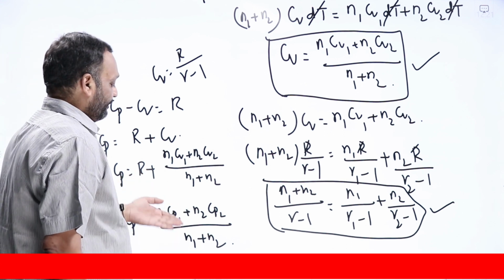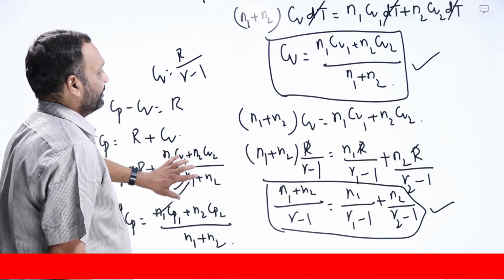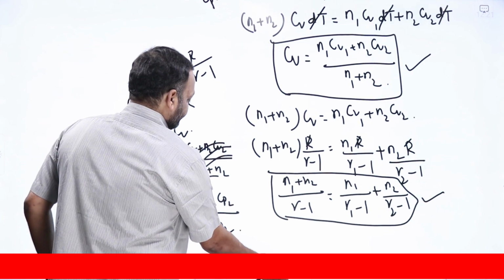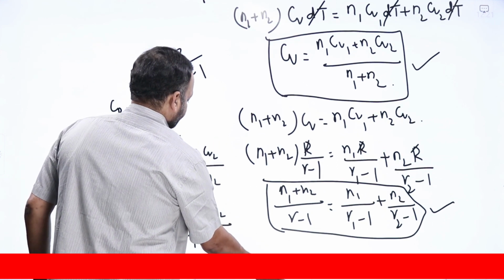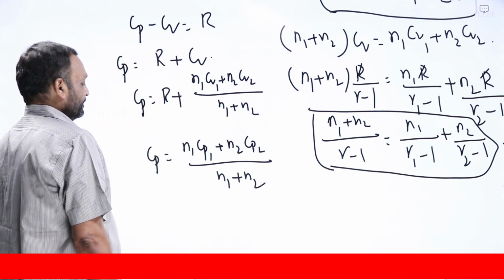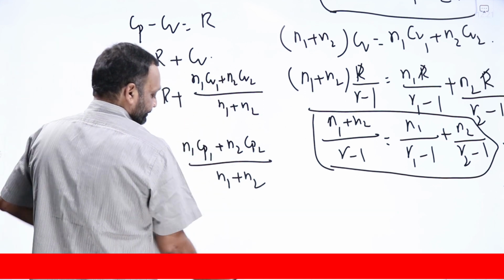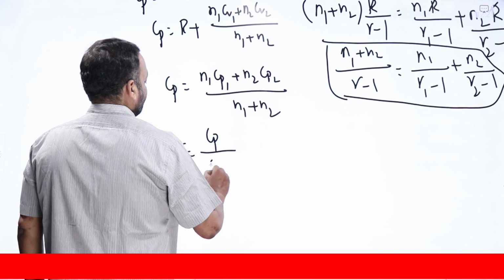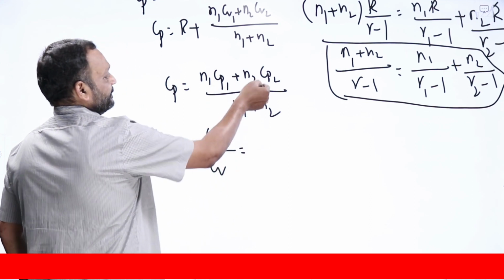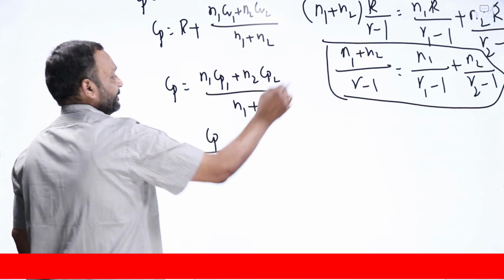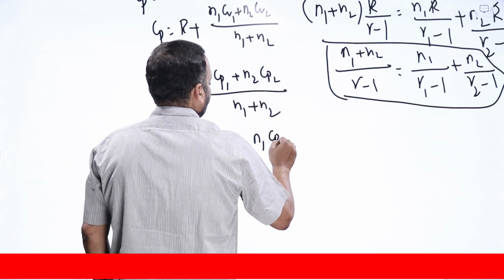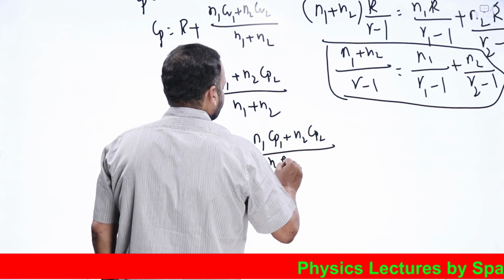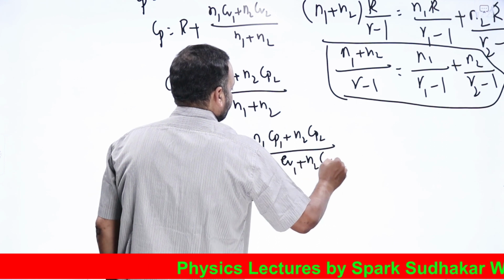Now, what is gamma of the resultant mixture? Gamma of the resultant mixture is nothing but Cp by Cv. So gamma = Cp/Cv, the n1 + n2 cancels, giving (n1 Cp1 + n2 Cp2)/(n1 Cv1 + n2 Cv2).